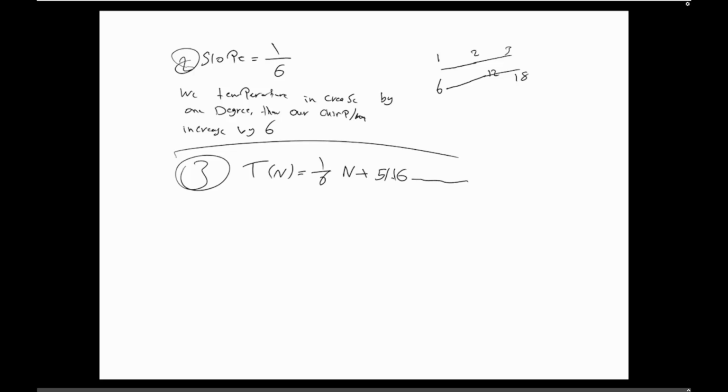If you have n equivalent to 150, then give me the T of n at that value. So we have 150, and we're going to end up with something close to 76 Fahrenheit.